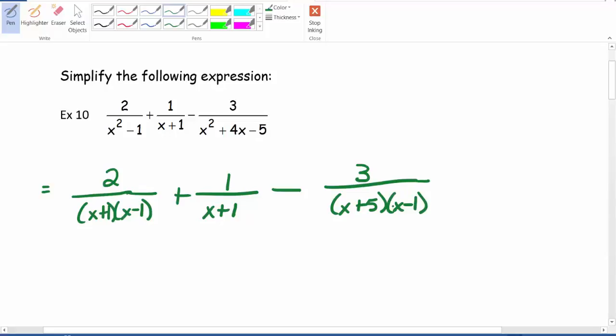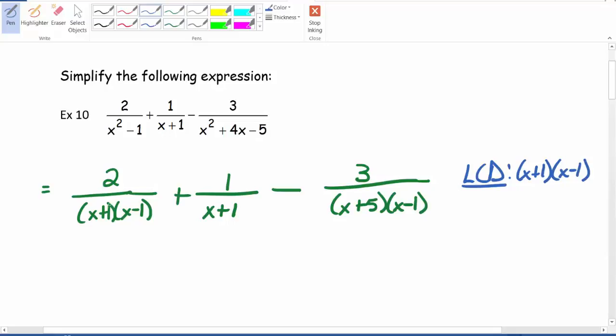And again, the reason why we want to do that is just to see what our LCD, or least common denominator, is. Looking at things, we could say that our least common denominator looks like this. This guy has an x plus 1, so he's on our list. He also has that x plus 1, so we're good there. This guy on the bottom left also has an x minus 1, so he's on the list.